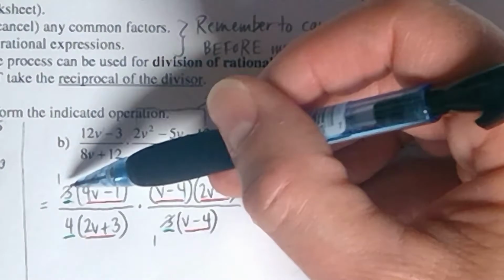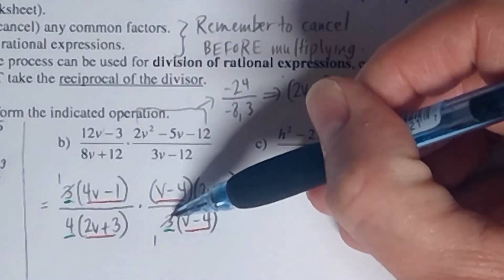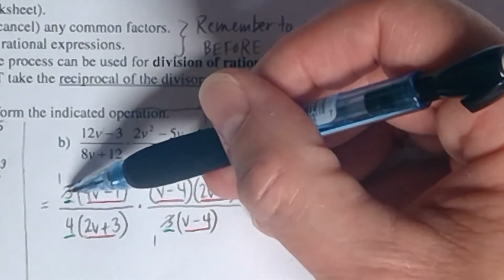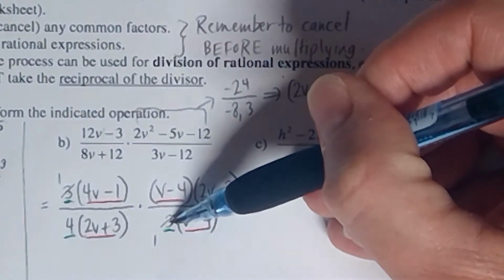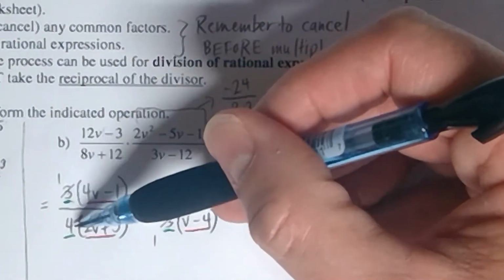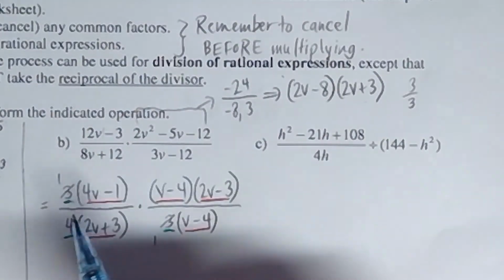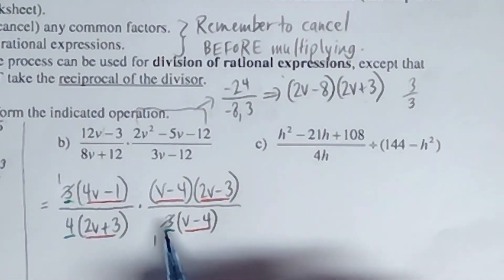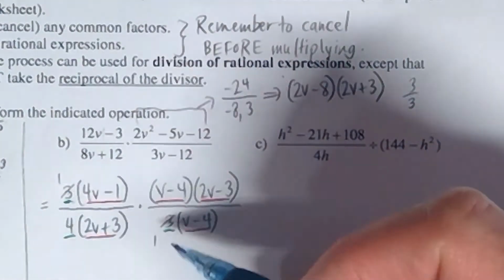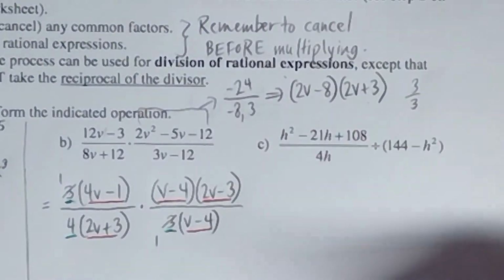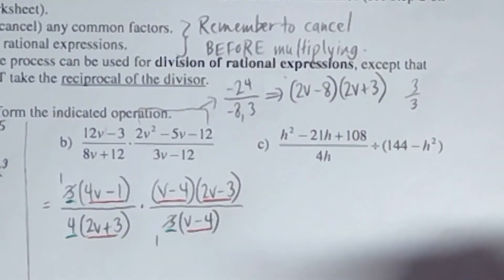And remember, you can only do 1 green on top with 1 green on the bottom. You can't do 3 and 4 at the same time you do 3 and 3. Not that 3 and 4 would work, but even if this had been, say, a 6 right here, you couldn't do the 3 and the 6 with the 3 and the 3 at the same time. It's got to be 1 on top and 1 on the bottom, 1 pair at a time that you're canceling.